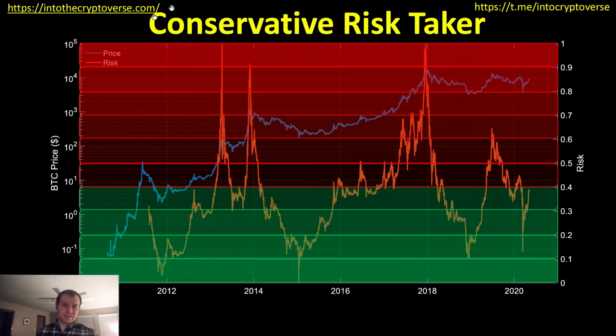Additionally, if you're a conservative risk taker, then this would correspond to buying between 0 to 0.4. So maybe you don't like to take on that extra layer of risk. Maybe you're managing a significant amount of money and you're not interested in betting too much. And so what you might do is start selling when we enter this risk regime of 0.4 and higher.